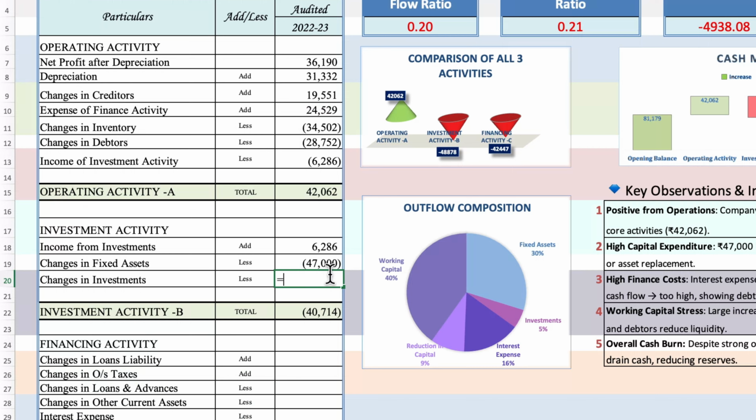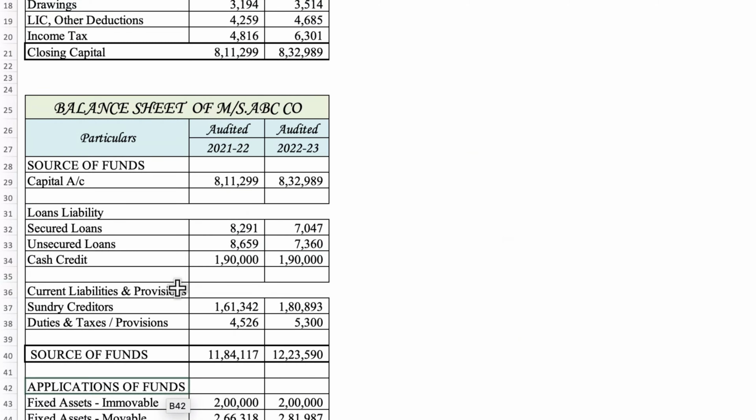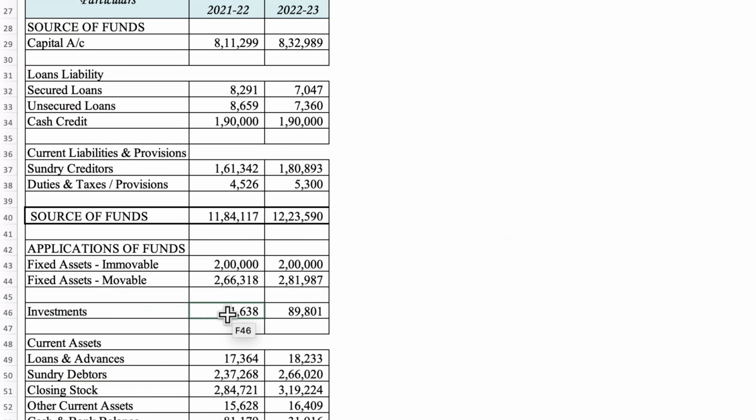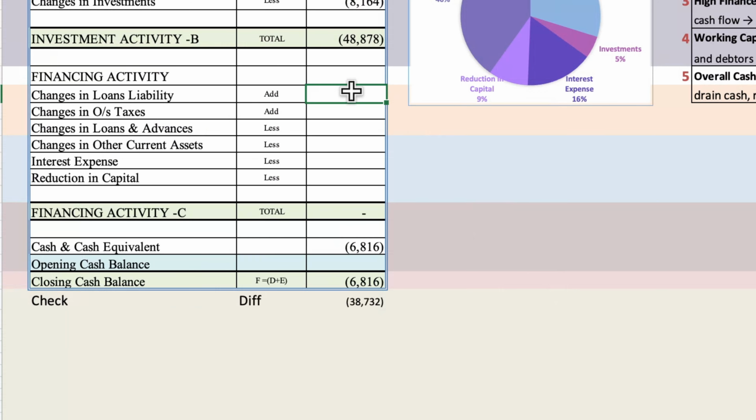Next, changes in investment is equal to, we'll go to investment. So investment you can see here increased compared to previous year. So to make investment, cash outflow happens, which is negative for us. So we will show it as a negative number. So you can see 48878 is the negative cash flow from investment activity.